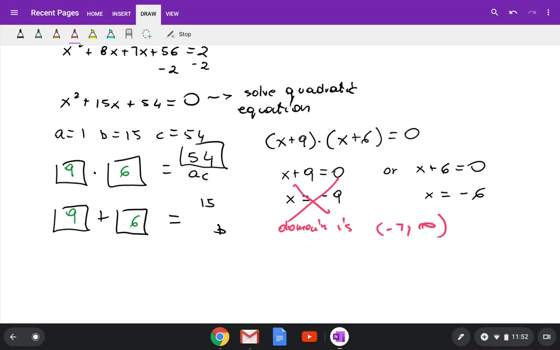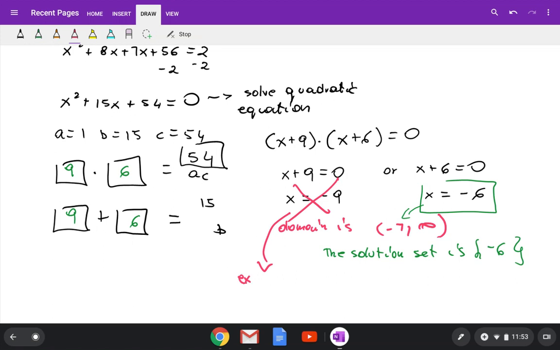Negative 9 does not belong to that interval. So this is extraneous. X equal negative 6 definitely belongs to that interval. So we have one solution. Okay, so the solution set is x equal negative 6. Again, the one in red is a fake solution, extraneous solution.